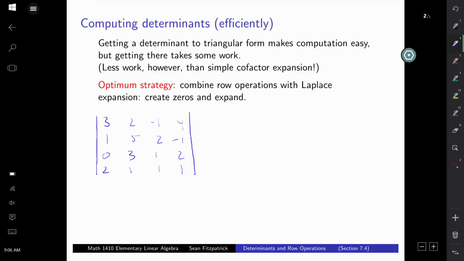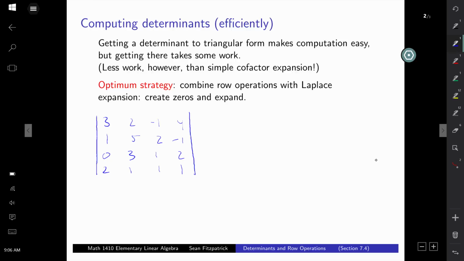So what I might do here is say, look, I want to create some zeros, I want to expand along a row, and again, if I'm not worried about converting to triangular form, then I don't need to worry about doing a type 1 row operation. I don't need to move this 1 up to the first row. I do if I want to get it to triangular form. If I'm just going to create some zeros and expand, then I don't have to do that.